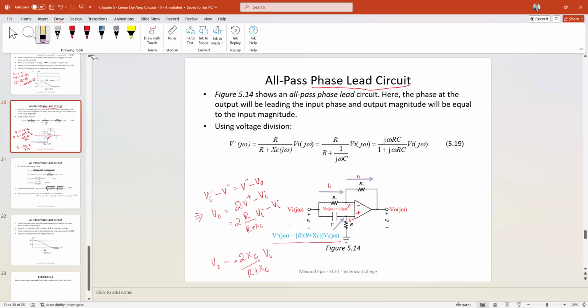Sorry, we have 2R, so 2R minus R is going to be 1R, so it's going to be R minus XC.